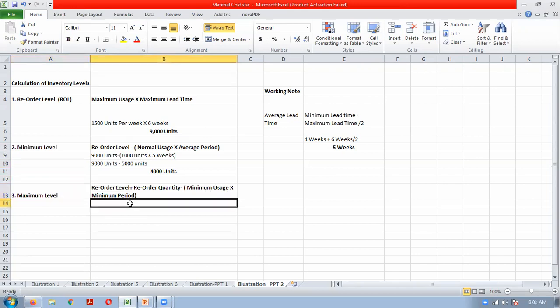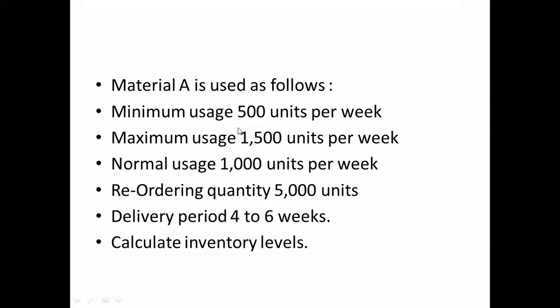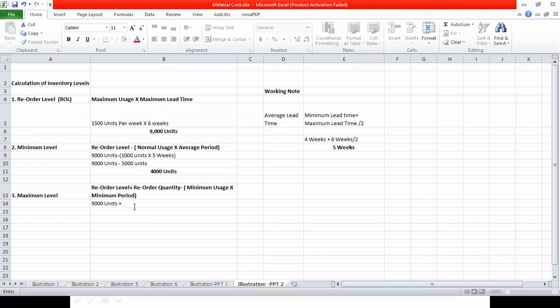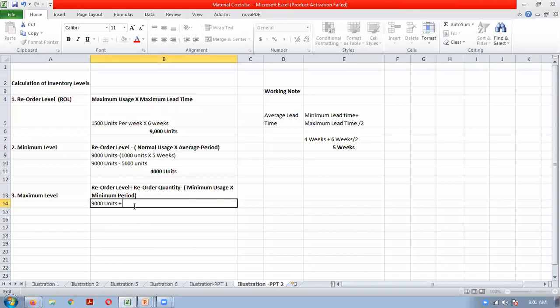So all the things are there with us. Reorder level is 9,000 units, plus reorder quantity, given in the question only. Reorder quantity is 5,000, sorry, 5,000 units.